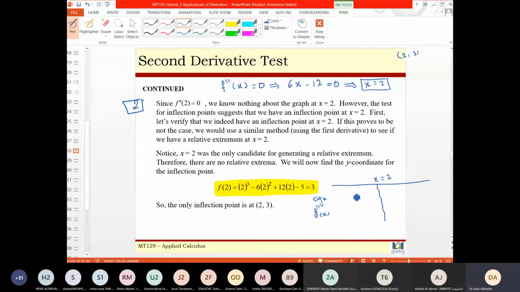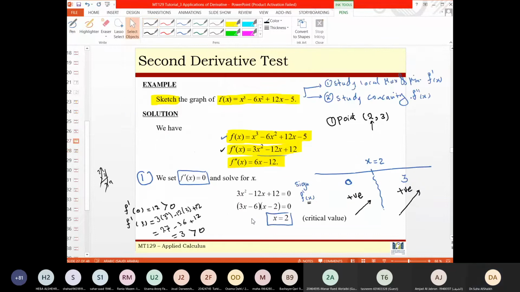A point before, I'm gonna take the point 0. A point after, I'm gonna take the point 3. F double dash at 0, remember, f double dash of x is 6x minus 12. So f double dash at 0, is it minus 12?